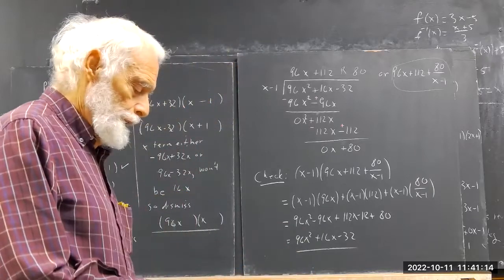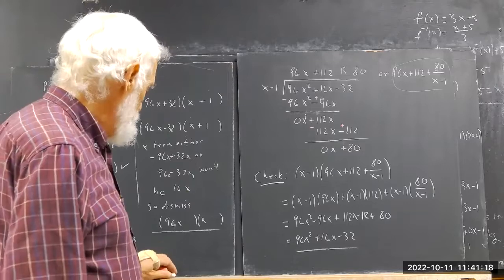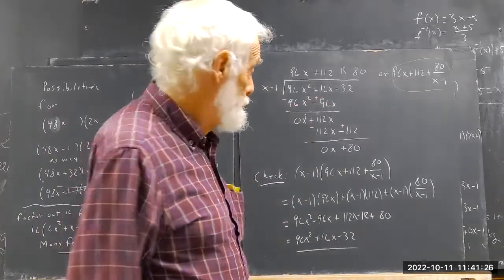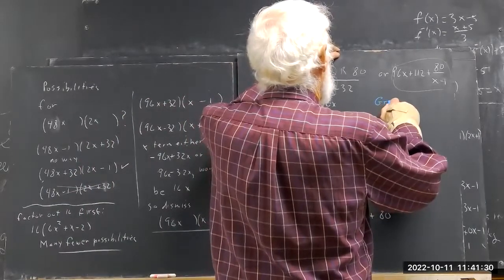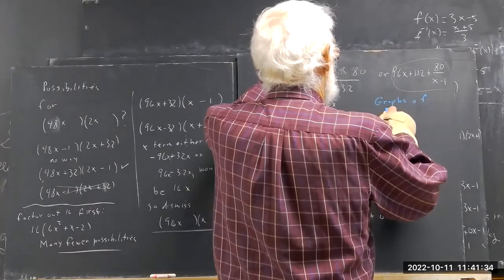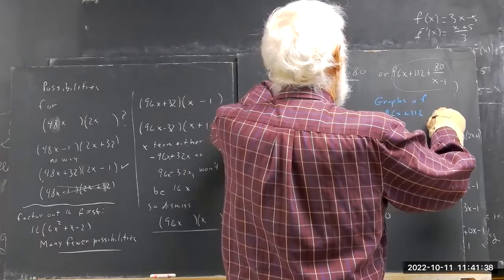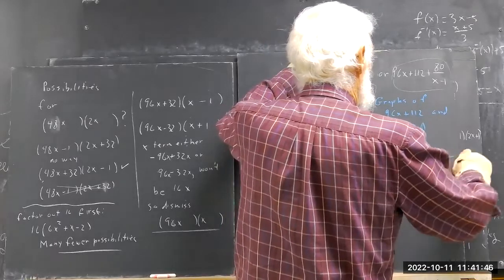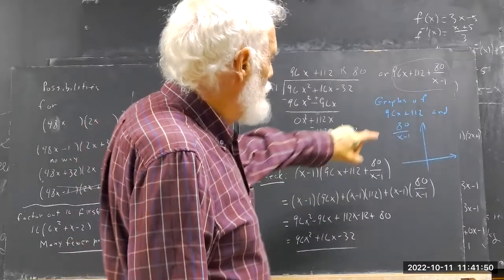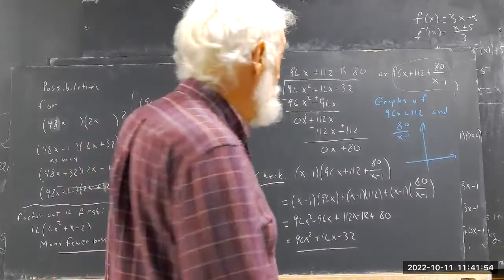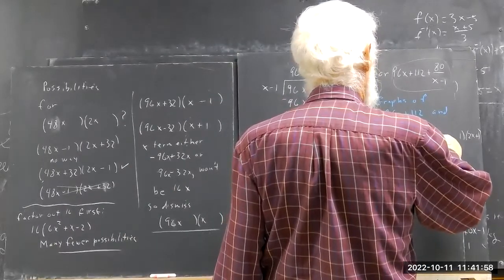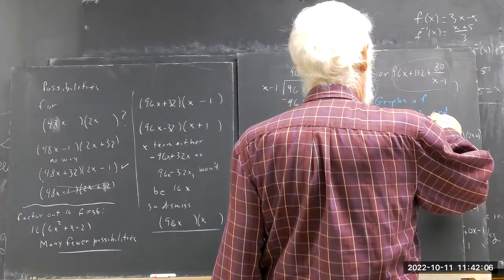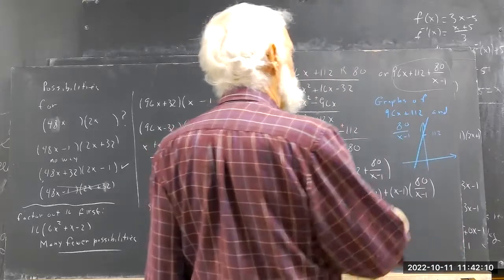Now let me make one other observation related to something that's going to be coming up within the next week or so. If we were to graph this, the graph of 96x plus 112 would have a y-intercept of 112 and a slope of 96.